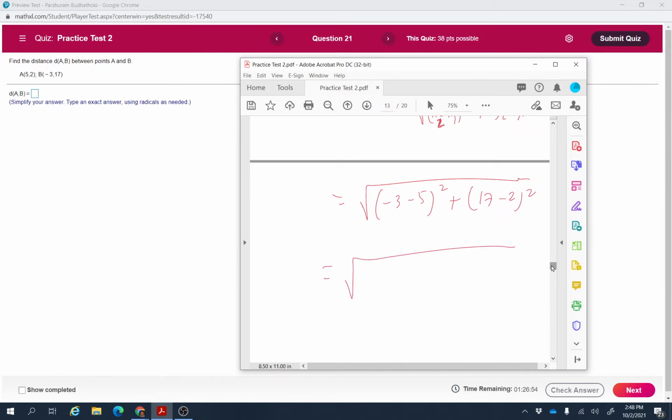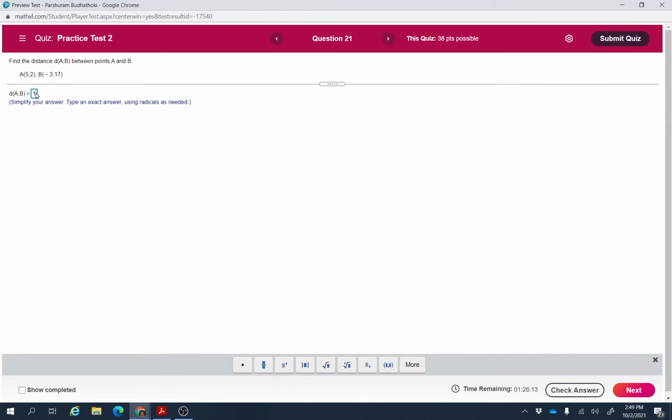Negative 8 square, that means 64, plus 17 minus 2 is 15. 15 square is 225. So that means 225 plus 64. So the square root of 225 plus 64 is, I'm going to use my calculator, you can do the same thing, 289. So the square root of that is 17. So the distance is 17 units.